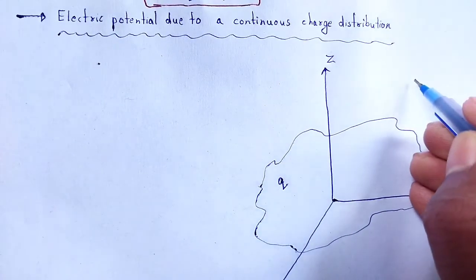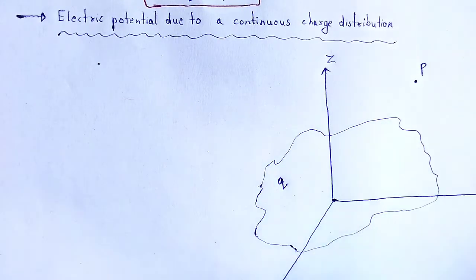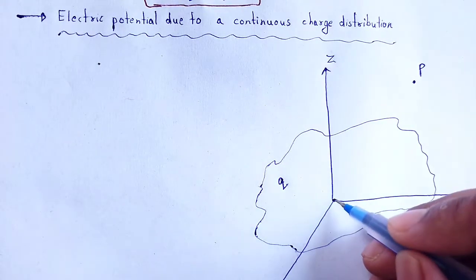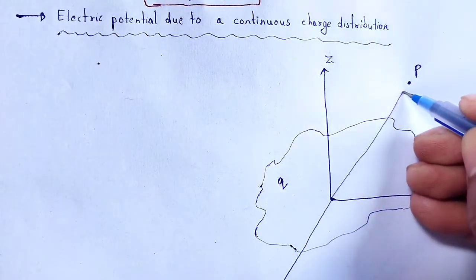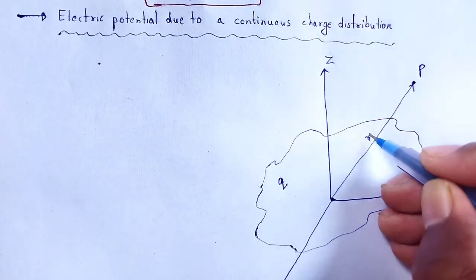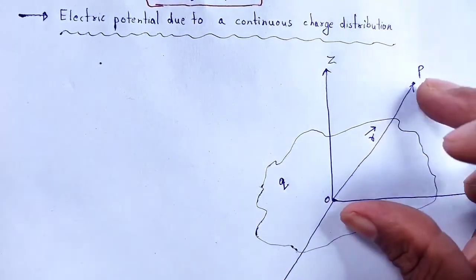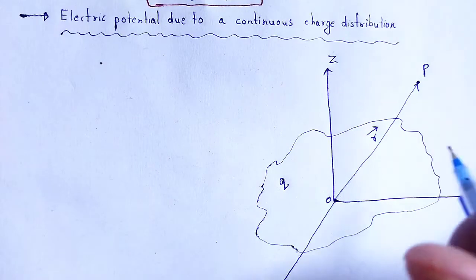Let P be a point with the position vector r, so OP is equal to the r vector.